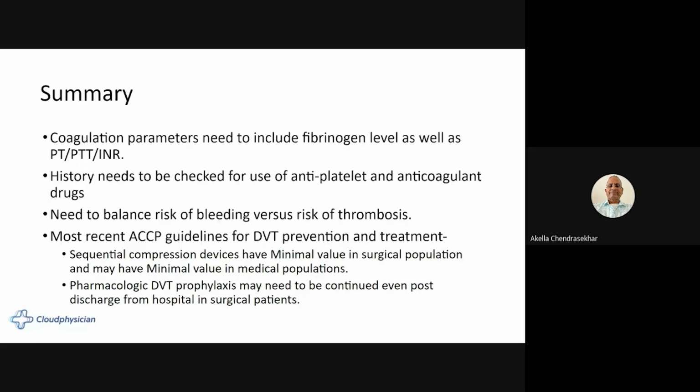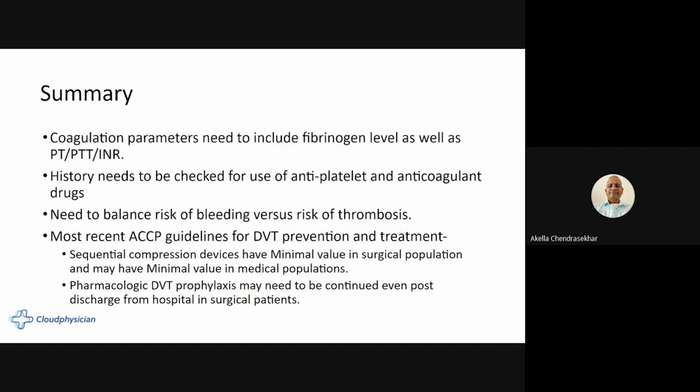So you need to know, okay? And again, the next issue, need to balance risk versus benefit, and you need to check why are they on the medication. If they're on the medication because they have a stent, for heaven's sake, talk to the patient, talk to the doctor, and let everybody know.